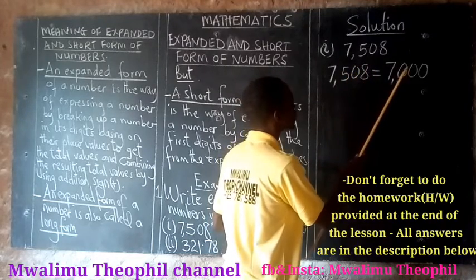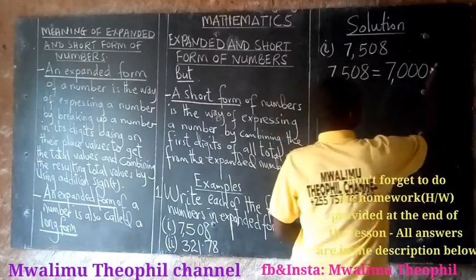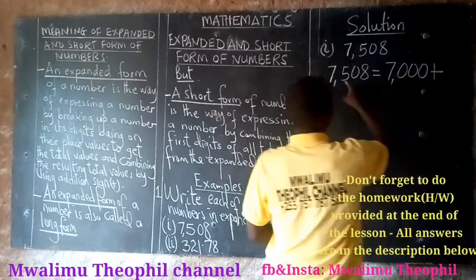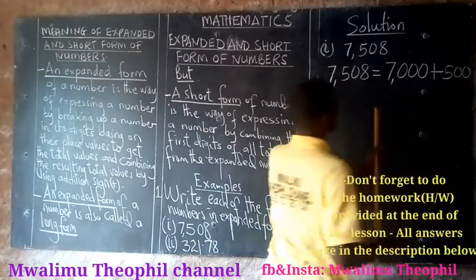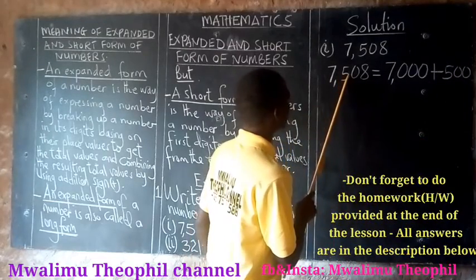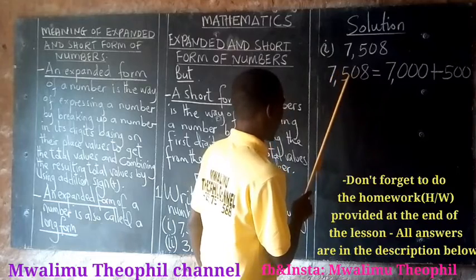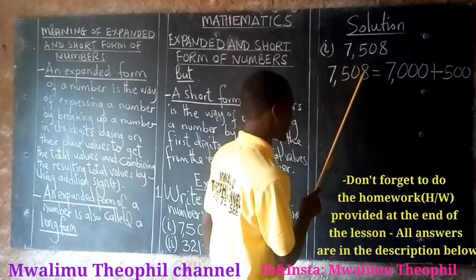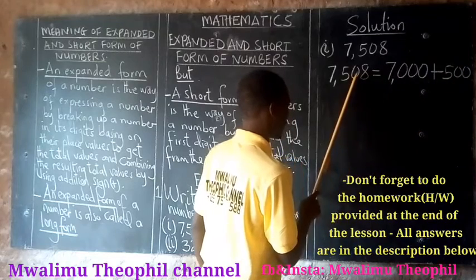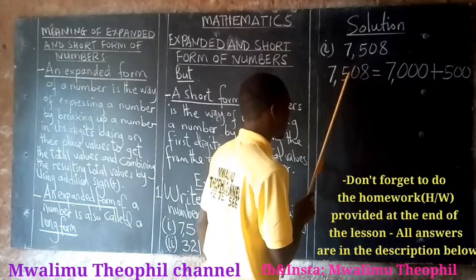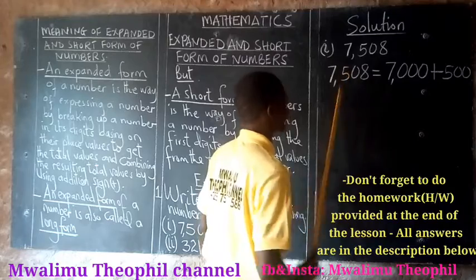Now we add 500. As you can see, this is the total value of 5 in this number. As after 5 we have 2 next digits, the number of zeros to be added here must be equal to the number of digits after the respective digit in consideration.